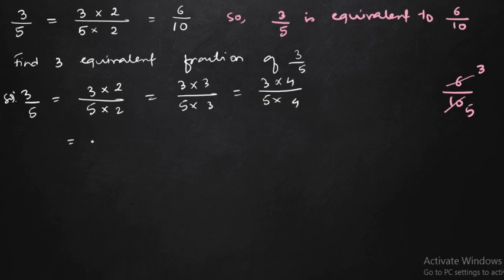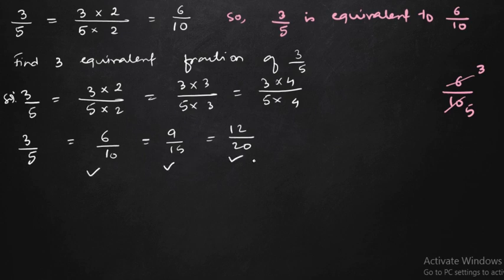So we will get 3 different fractions, but all will be equivalent. This will be 6 by 10, 9 by 15 and 12 by 20. So 3 by 5 is equivalent to 6 by 10, 9 by 15 and 12 by 20. Okay, so this is the first property. It says that if in a fraction you multiply the numerator and denominator by a non-zero integer, then that fraction becomes equivalent to the original fraction.